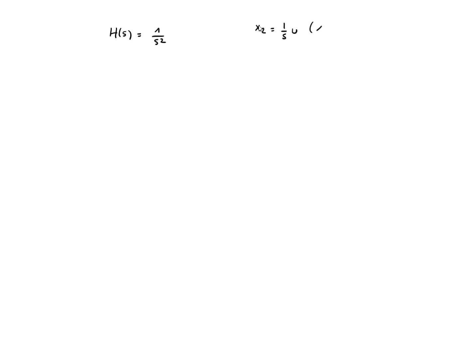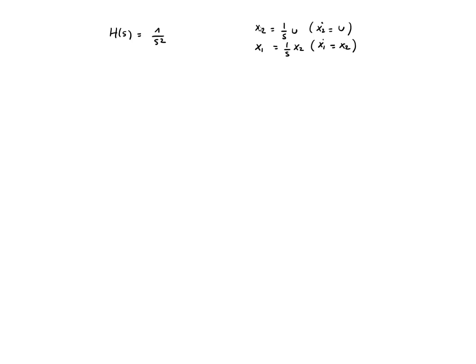This is equivalent to saying x2 dot is equal to u, right? And we'll say x1 is 1 over s x2. So this is equivalent to saying x1 dot is equal to x2, right?